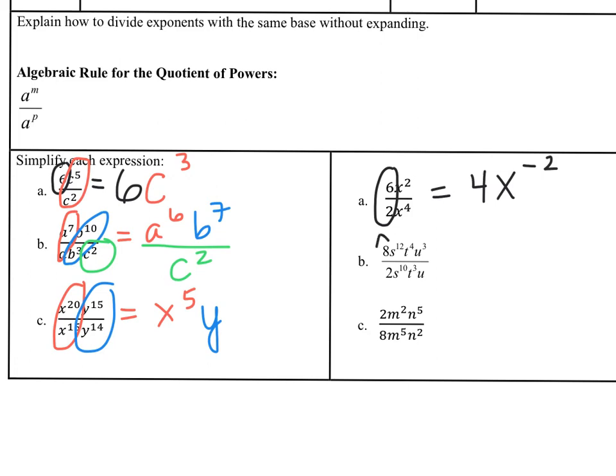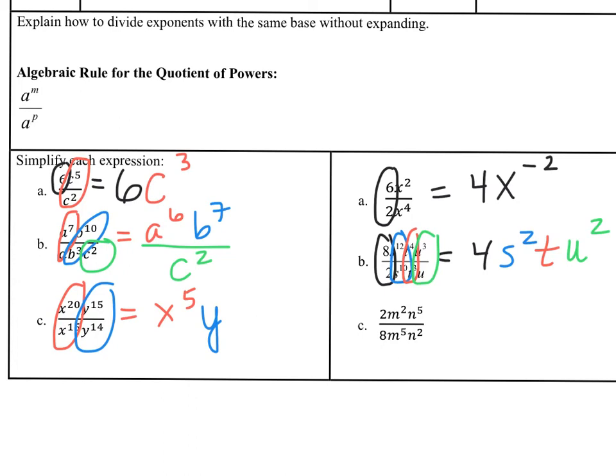In the next one, 8 divided by 2 is 4. S to the 12th divided by s to the 10th is s to the 2nd. 4 minus 3 gives me t to the 1st. And 3 minus 1 for the u gives me u to the 2nd.